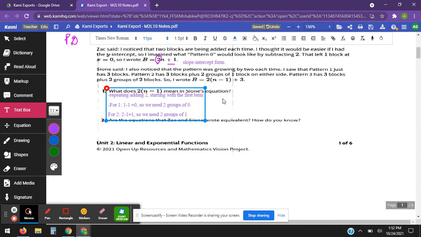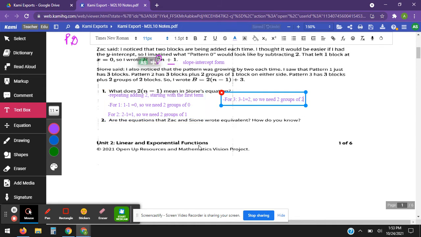And if we were to go one more time, for 3, 3 minus 1 equals 2. So we need 2 groups of 2. They're basically saying how many groups of 2 do we need as we're doing that.